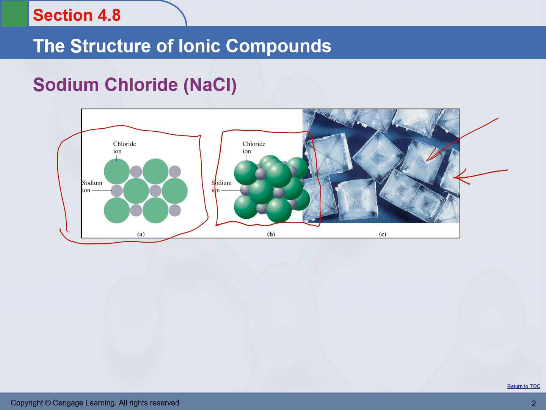The green ones represent chloride ions. The gray or silver ones represent sodium ions. As you can see in this two-dimensional cut, each chloride ion is surrounded by 4 sodium ions, and each sodium ion is also surrounded by 4 chloride ions.